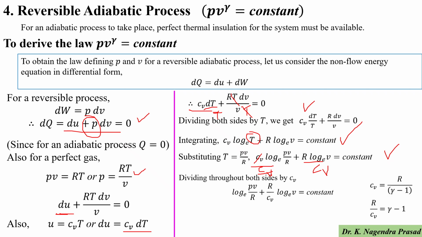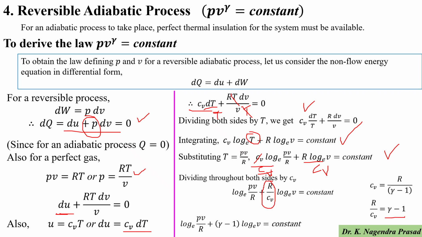We know the relationship between Cv and the gas constant, that is Cv equal to R divided by gamma minus 1. From this relation we can rewrite R divided by Cv equal to gamma minus 1. In this equation we already have R by Cv, so substitute gamma minus 1.